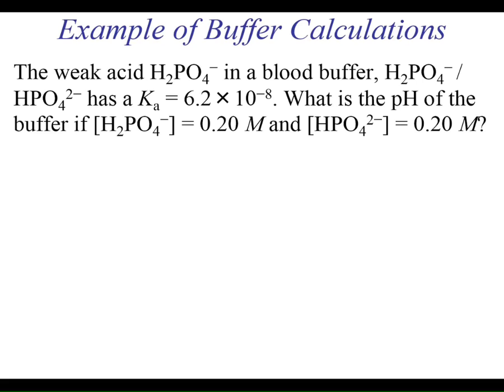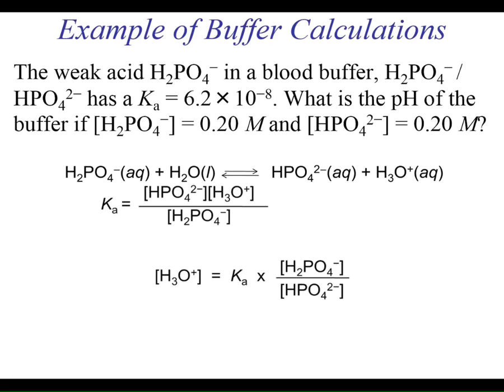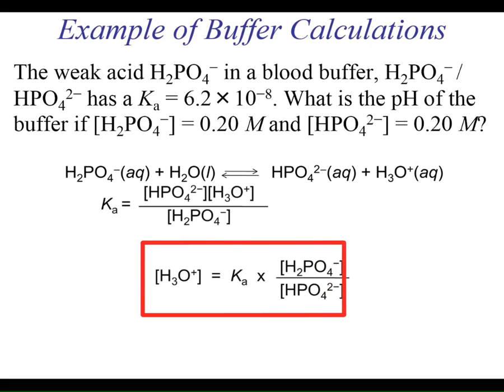So we just said the hydronium is equal to the Ka times the acid over the base. So what's the acid concentration? 0.20. What's the base concentration? 0.20. So I can plug in both of those.